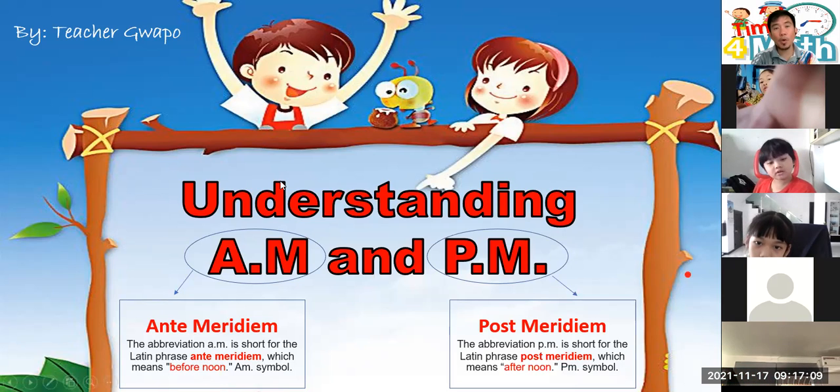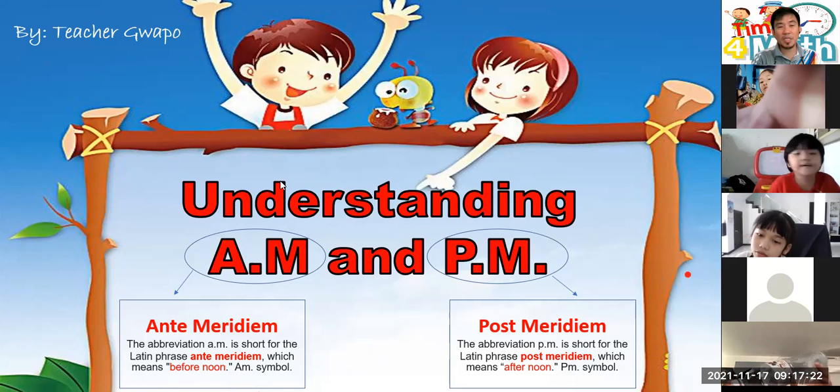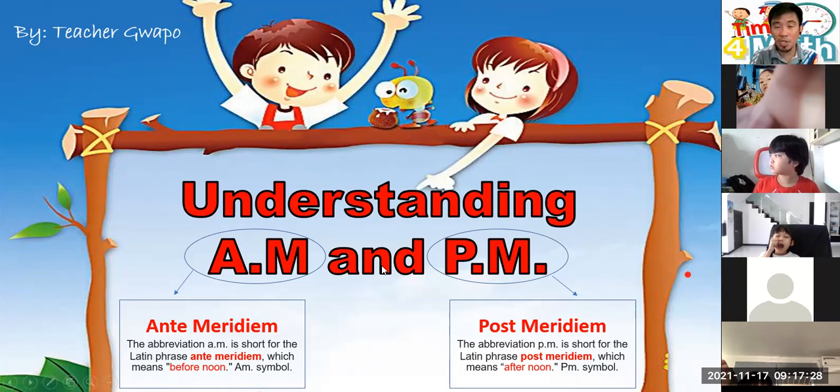Post means after, and meridian means noon. That's why we have afternoon. Again, the phrase post meridian is a Latin phrase. So don't forget, this will come out in your final or midterm test.